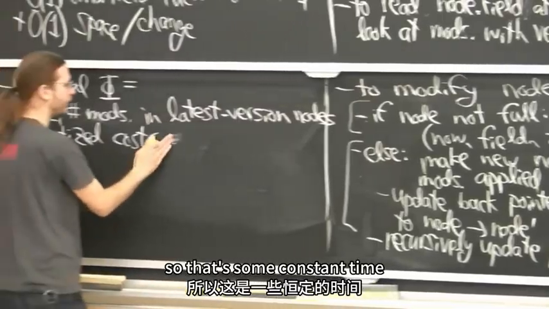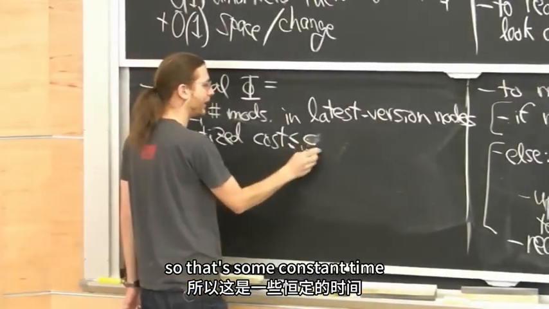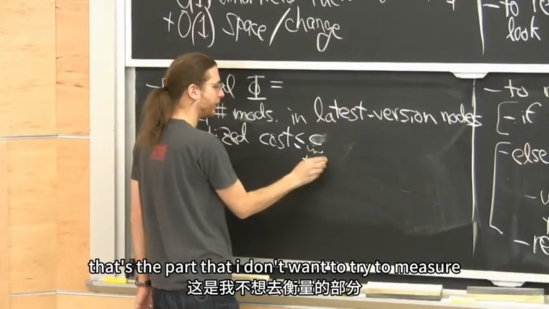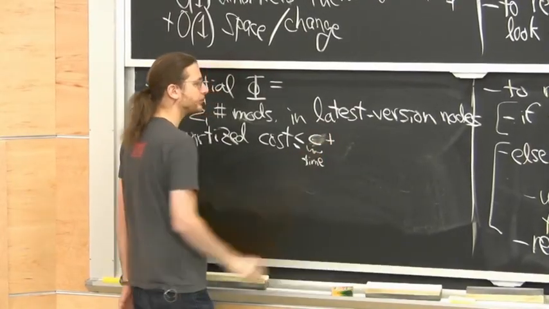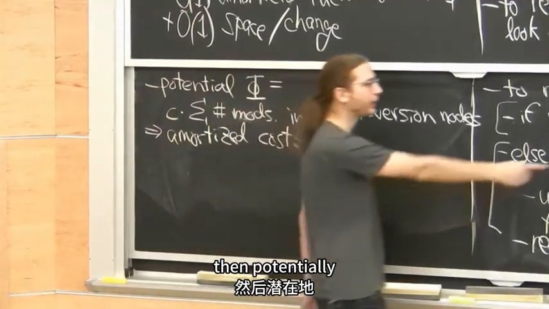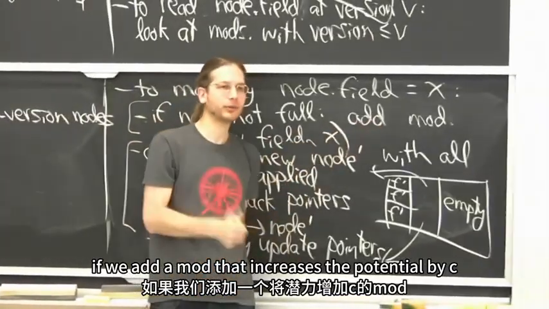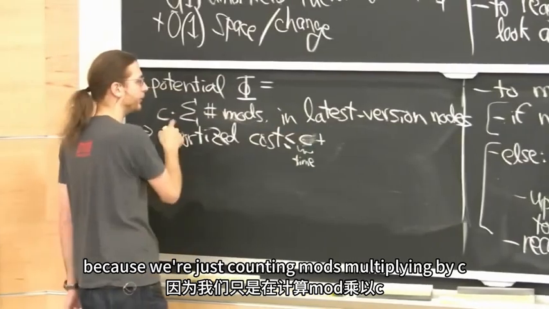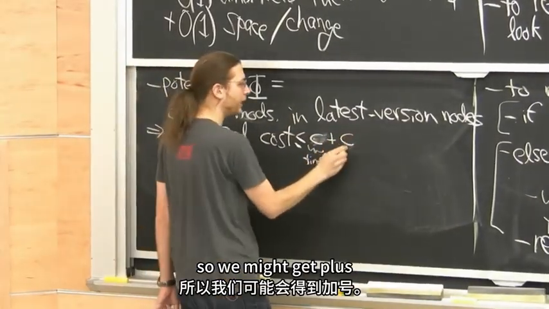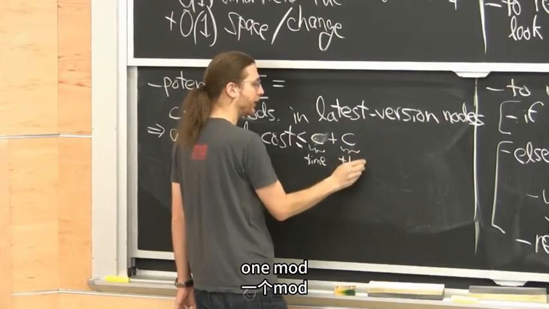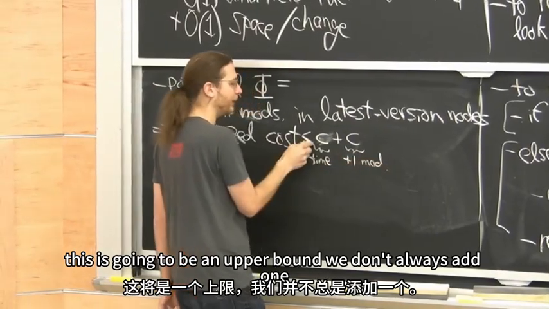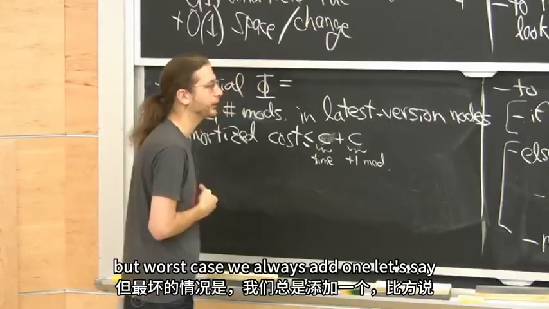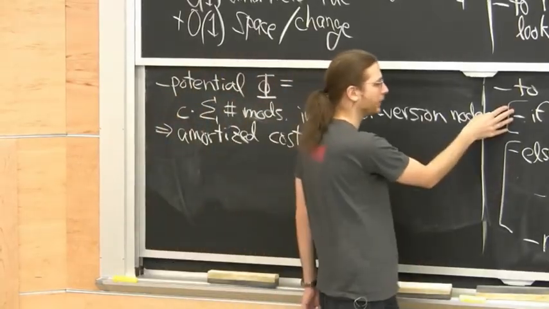So that's some constant time. That's the part that I don't want to try to measure. Then potentially we add a new mod. If we add a mod, that increases the potential by C, because we're just counting mods multiplying by C. So we might get +1 mod. This is going to be an upper bound. We don't always add 1, but worst case we always add 1, let's say.